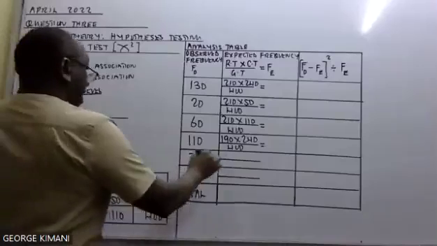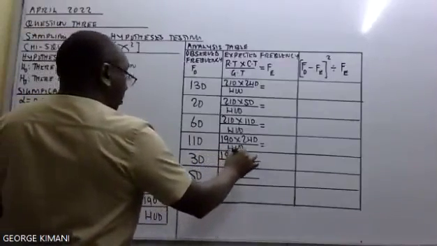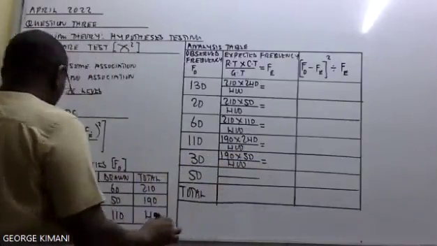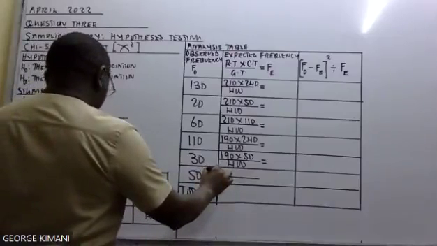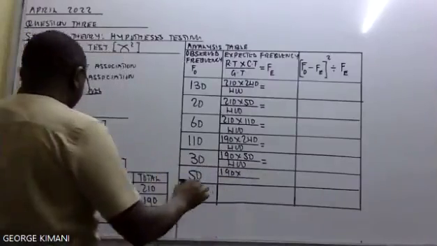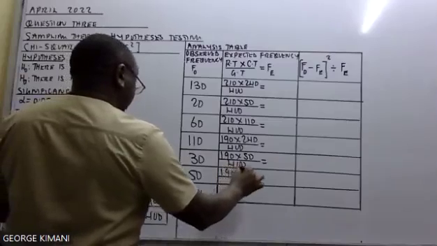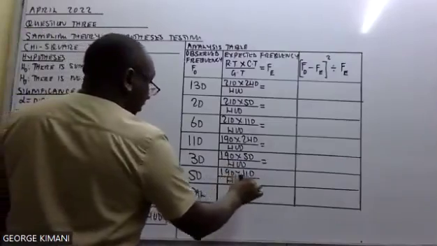When you get here, row total is 190, column is 50, you divide by 400. When you get here, the row is 190 multiplied by the 110. You divide by 400.